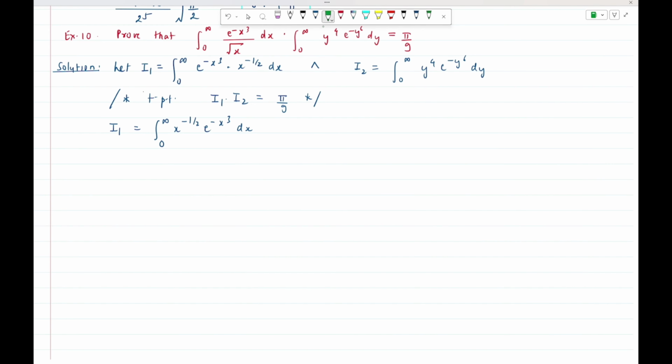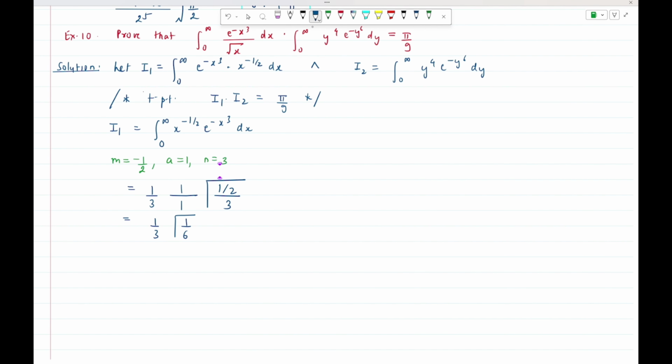And since this is type 2 with m equal to negative half, a equal to 1 and n equal to 3, the value of this is going to be 1 over n, which is 1 over 3, then 1 over a raised to some expression, and since we see that the base is 1, the entire index will reduce to 1, and then gamma of m plus 1. So negative half plus 1 is a half divided by n, which is 3. So this simplifies to 1 over 3, and over here we'll be getting 1 over 6.